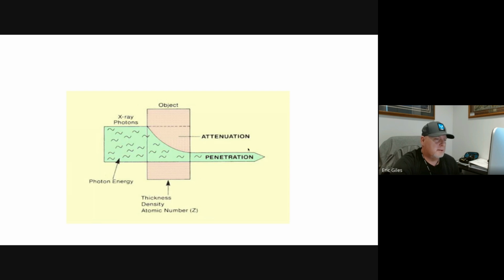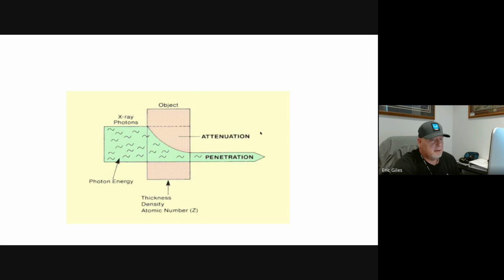Okay, we talked about attenuation. We learned that attenuation is when X-ray photons actually pass through the body. Okay, and depending on what it is or how big the body is that it's passing through, it depends on bone, really dense tissue. These photons are going to be slowed up. So not all the photons that start at the beginning of the body go through to the end because they're absorbed by bone or some sort of dense tissue.